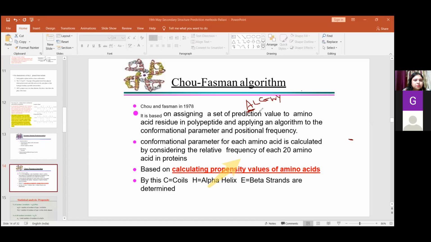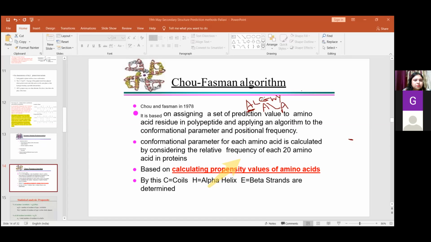It could be that in some other residue, alanine is present at the second position, or in some other case, it is present at the third position. So this value which I am assigning, the preference of this alanine to be in an alpha helical form, is also dependent on the position, that is, what is the position of this amino acid.